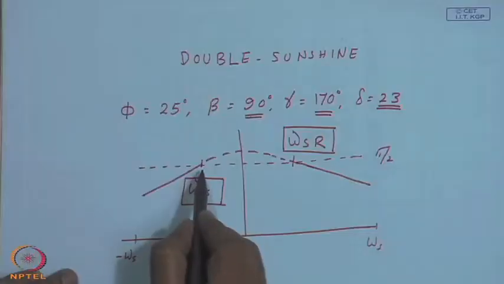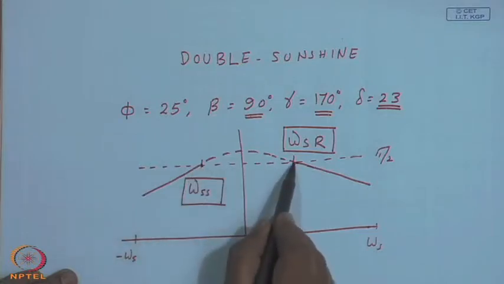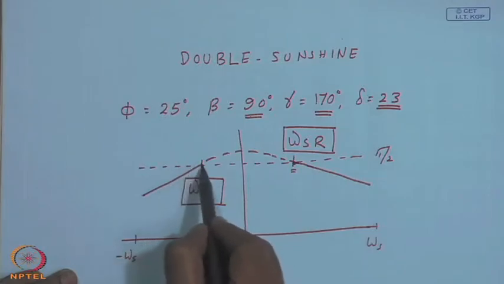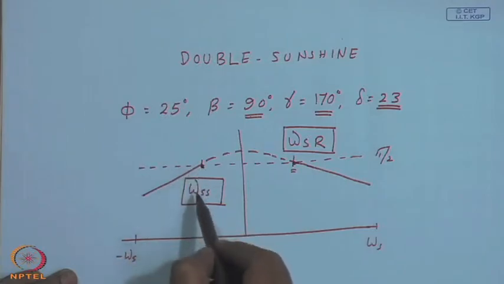So, it satisfies that criterion, and if somebody is a little uncomfortable saying that it stopped seeing the sun in the morning and started seeing the sun in the afternoon, what we can imagine is this is when it started today, and again it continued to set tomorrow morning at omega s.